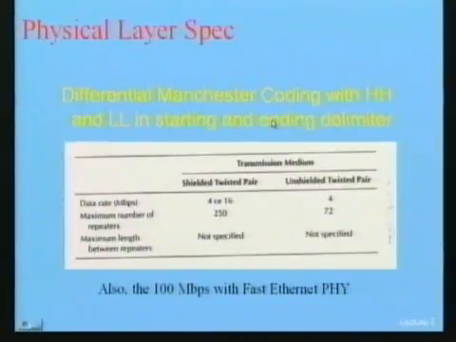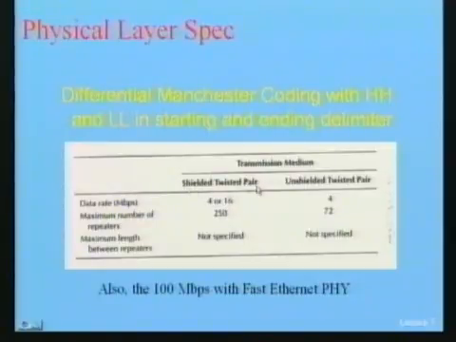Then they have basically 3 successful standards in there. One standard is at 4 and 16 for shielded twisted pair, 2 options, 4 and 16. The other one is for unshielded twisted pair at 4. So for 4 megabit per second, you have both shielded and unshielded, and 16 for shielded twisted pair.